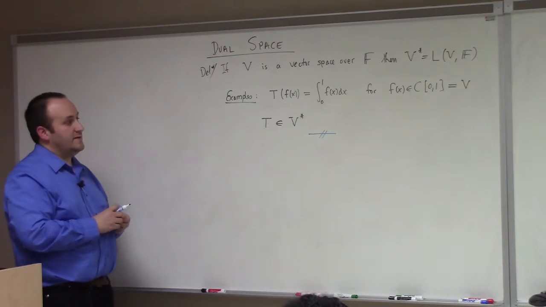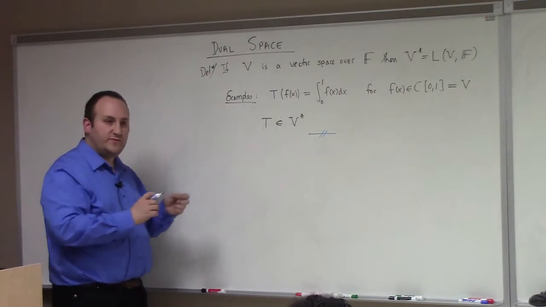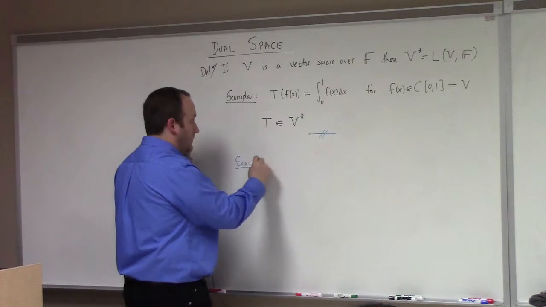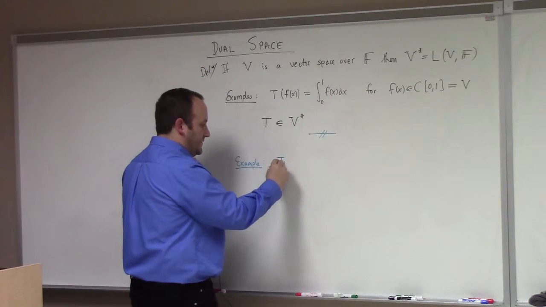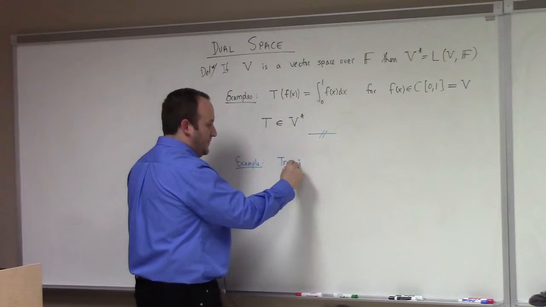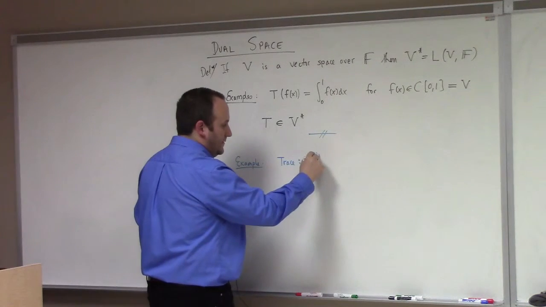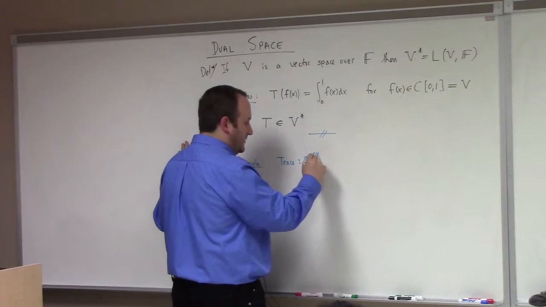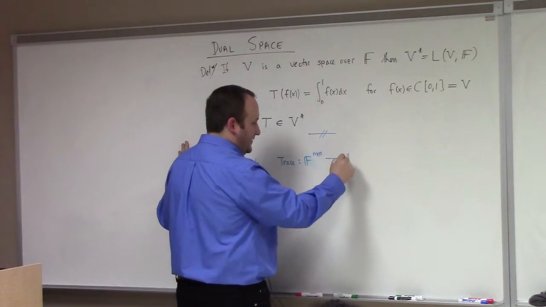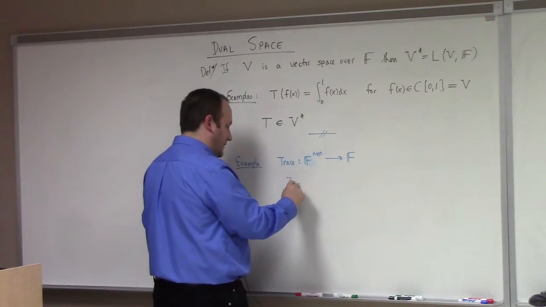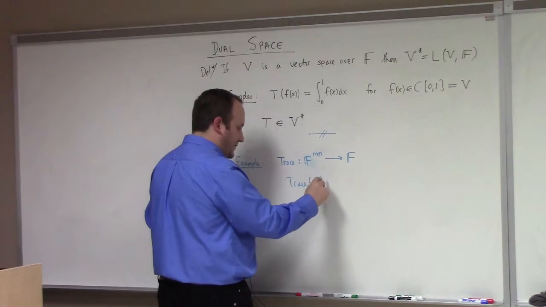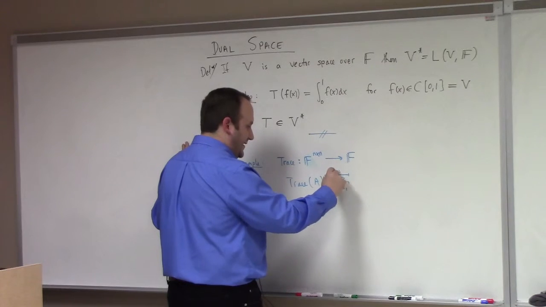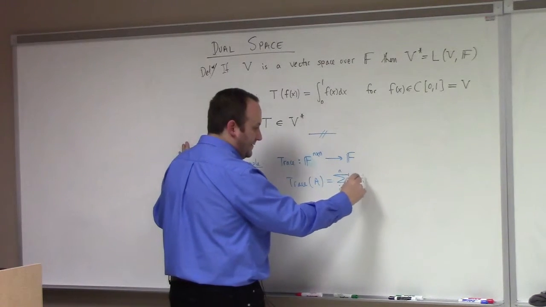Okay, so that's an example. Can you think of another example for me? How about trace? If we look at the trace, which is a mapping from, say, R n by n, oh, I could do F, right? We don't have to do just R. We can do any field we like, to F. How's that defined? The trace of A is the sum, i equals 1 to n, of A i i.